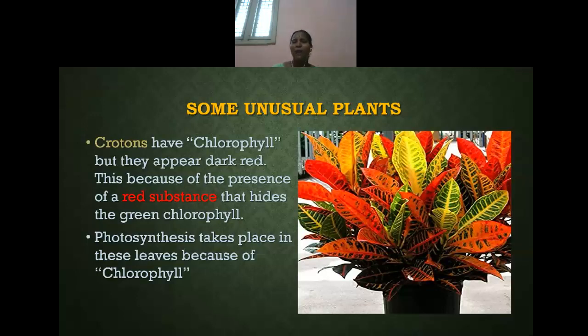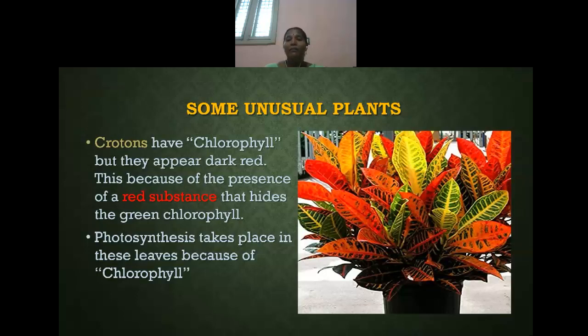Why are these plants alone looking like this? We saw that plants have chloroplasts. That chloroplast has a green pigment called chlorophyll. That's why trees and plants look green. But the croton also has the green pigment.